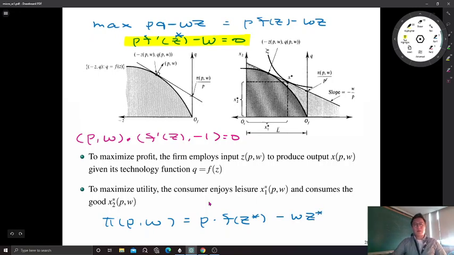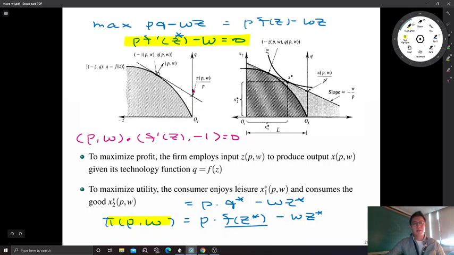And let me call this F of Z star as Q star, in order to separate Q and Z, because we describe everything on the plane of Z and Q. Now from this profit function, the coordinate of the y-intercept can be easily found.